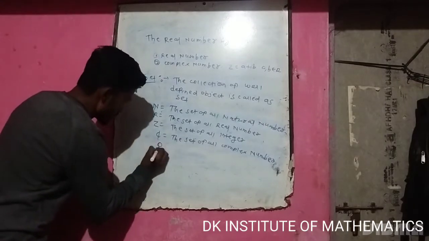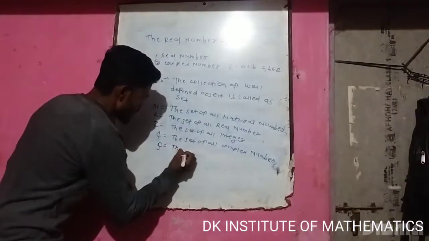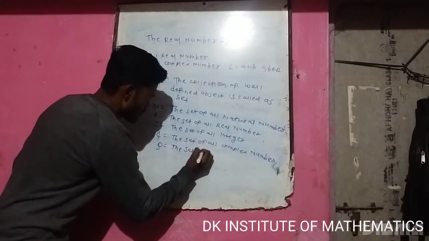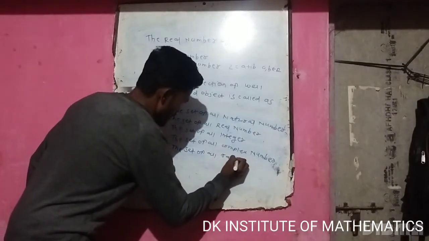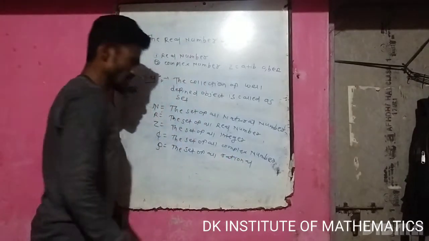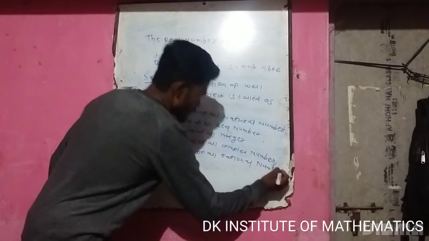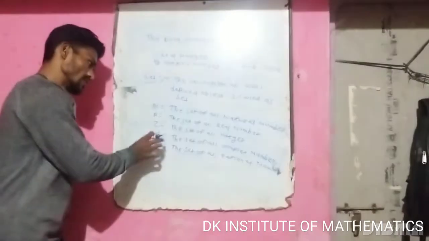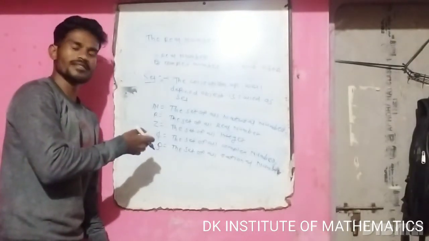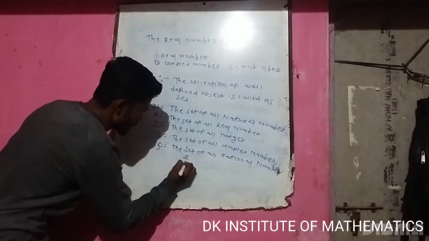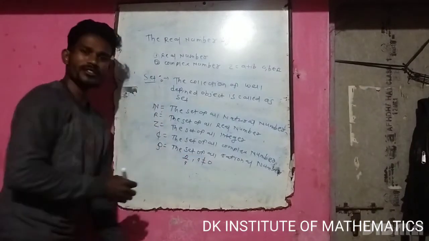And capital Q. What is capital Q? The set of all rational numbers. It can be written in the form p by q, where q is not equal to 0.